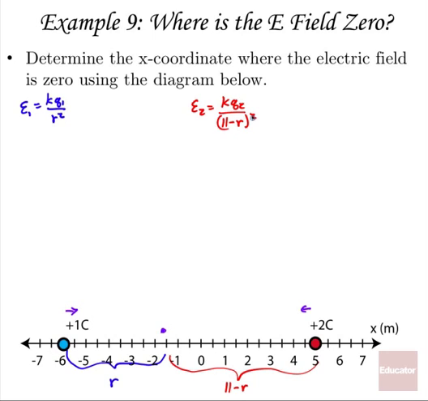And we want to find the point where the net electric field is 0, so where those are going to be exactly equal in magnitude.